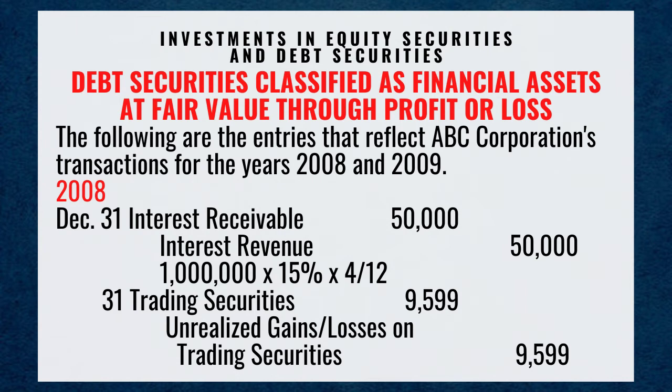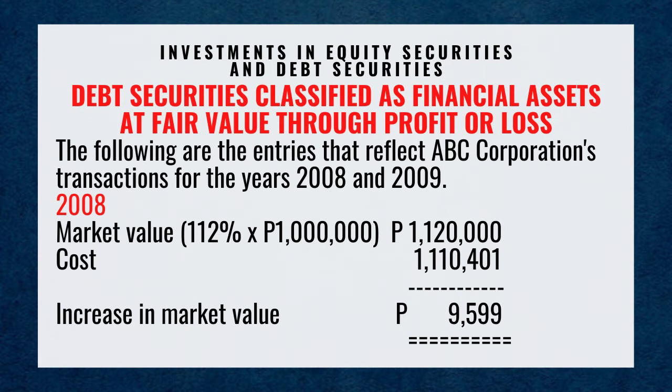December 31st, debit trading securities, 9,599 pesos. Credit unrealized gains or losses on trading securities, 9,599 pesos. Computed as market value, 112% times 1 million is 1,120,000 pesos.